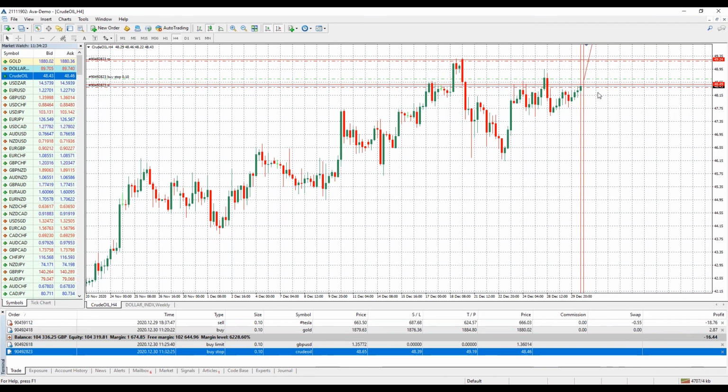Okay, any other questions, comments? Metchemo, I'm glad GBP USD went your way. Yeah, the fundamentals were behind that for sure.